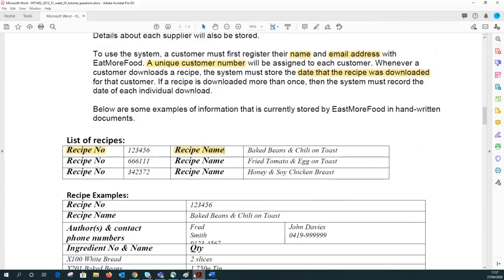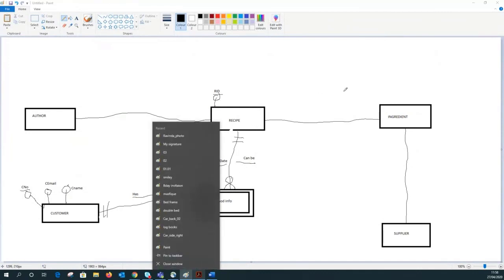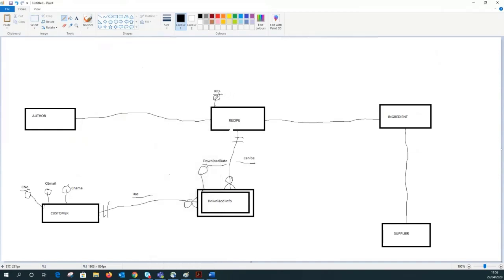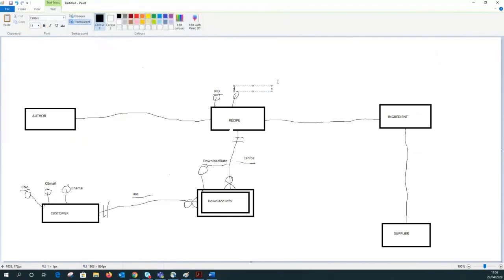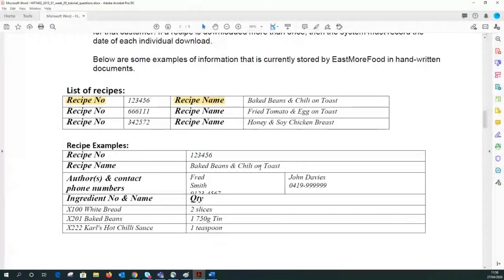We can identify that in our entity relationship diagram. We have recipe number already identified, now we need to put the recipe name. So this is the second attribute, recipe name. So we identified these two attributes.